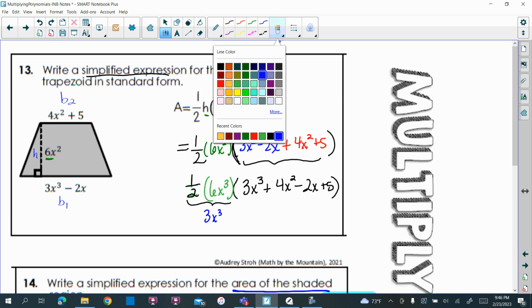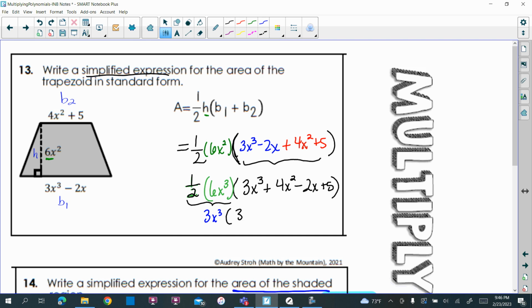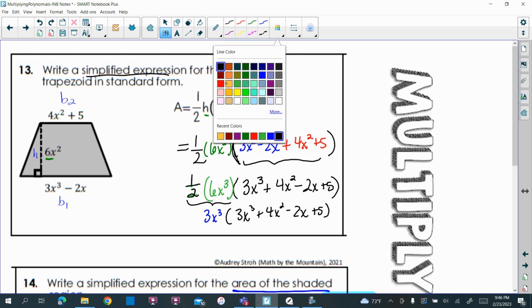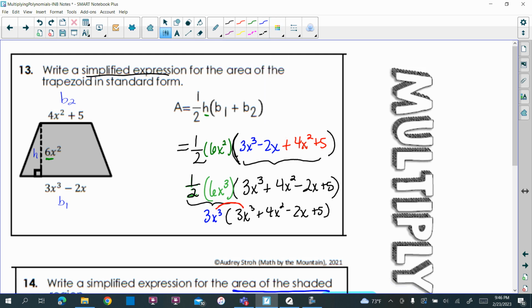Now I'm going to take that and we're going to distribute that to what we had inside the parentheses, which is 3x cubed plus 4x squared minus 2x plus 5. So we distribute what's outside the parentheses to everything inside.